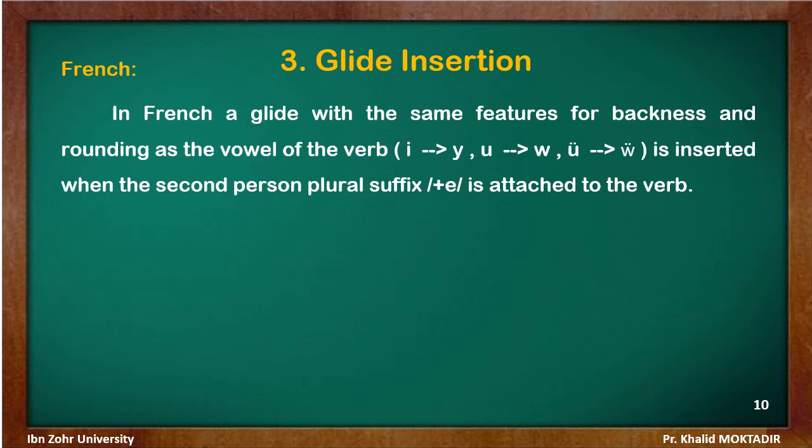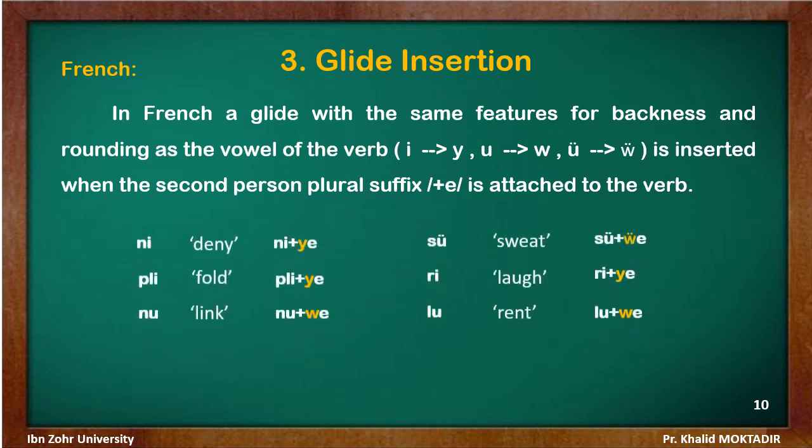It's also minus back, minus round. If the vowel is plus back, plus round, as in U, for example, the glide that is going to be inserted next to that vowel is the glide W with the same features for backness and rounding. Look at the examples.